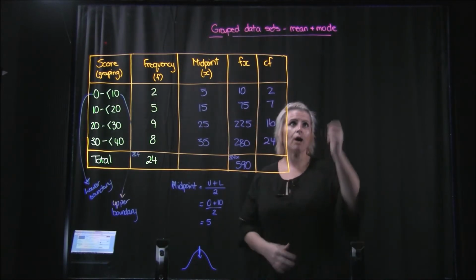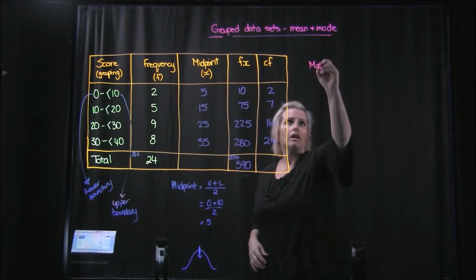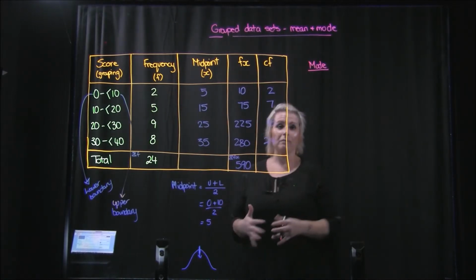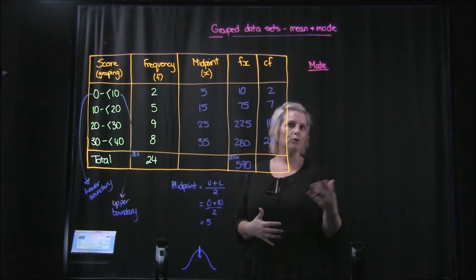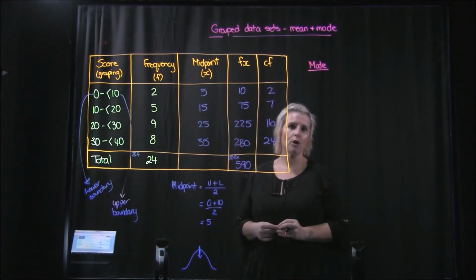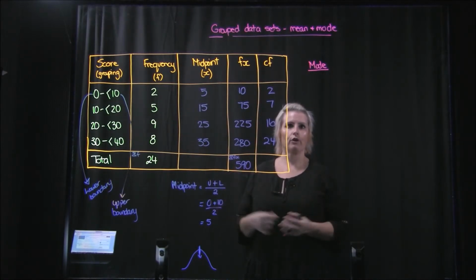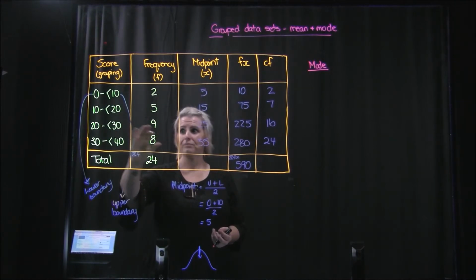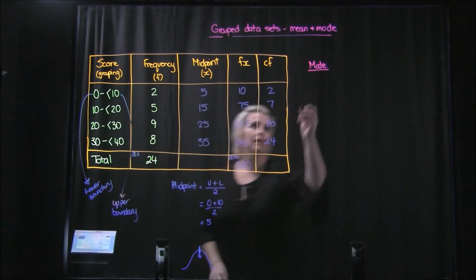Now, basically, mode, all we do for mode, and all we really can do, is find the modal group. So when we say the modal group, it is the group where you have the most data occurring. So all you do is look for the group that has the highest frequency. So 20 to less than 30 is our modal group.